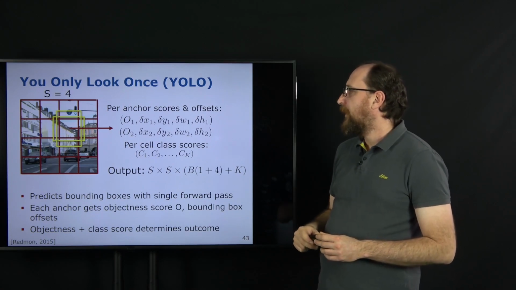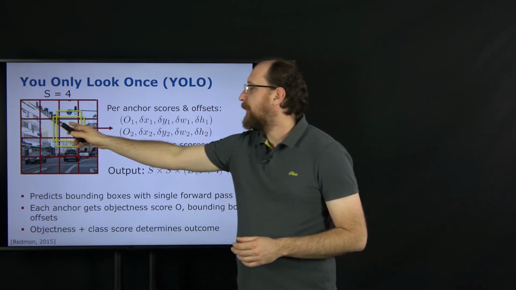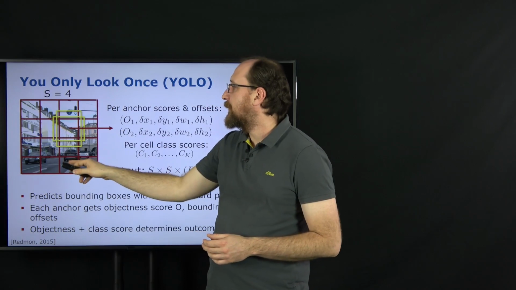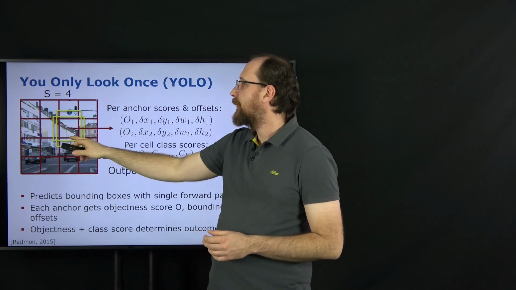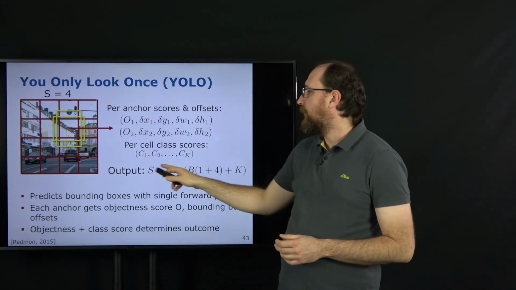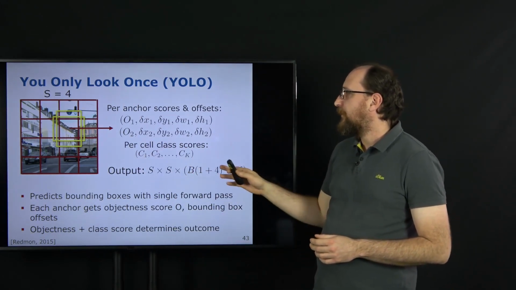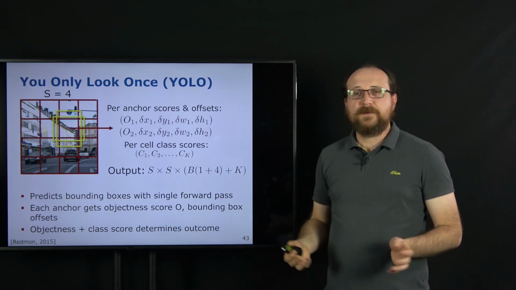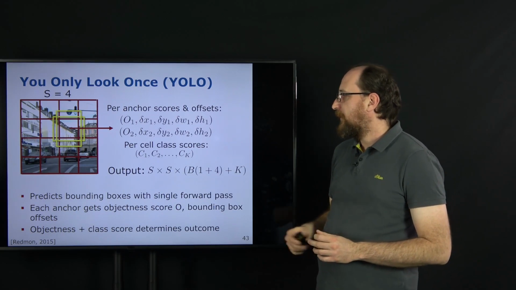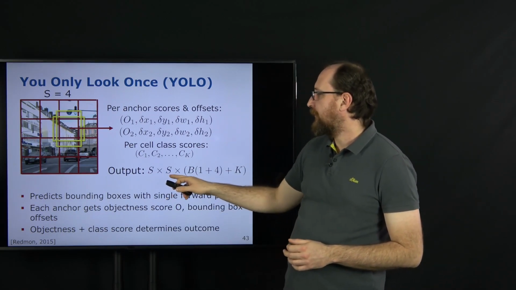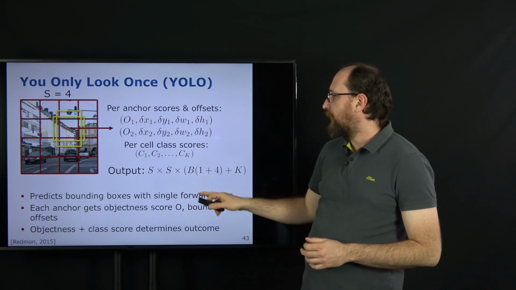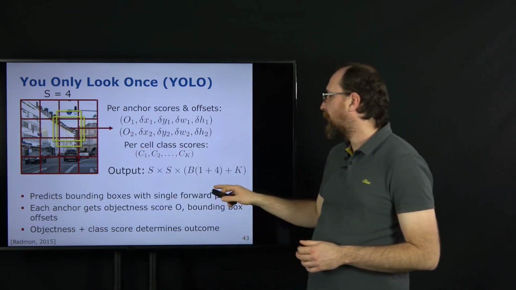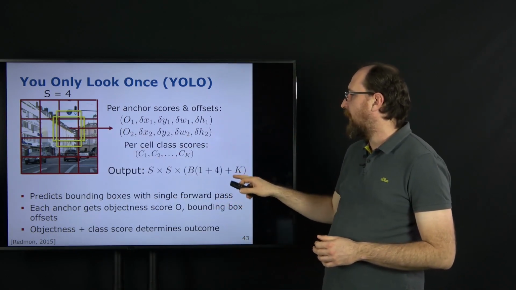And for each of the cells, so we split up the image here, for instance, into 4 cells in each region, we produce cell scores, which are basically classification scores that can then be used together with the anchor objectness to get the final result. So in the end we have an output of S times S cells, B bounding boxes, which are basically the anchor locations, and then K class scores.